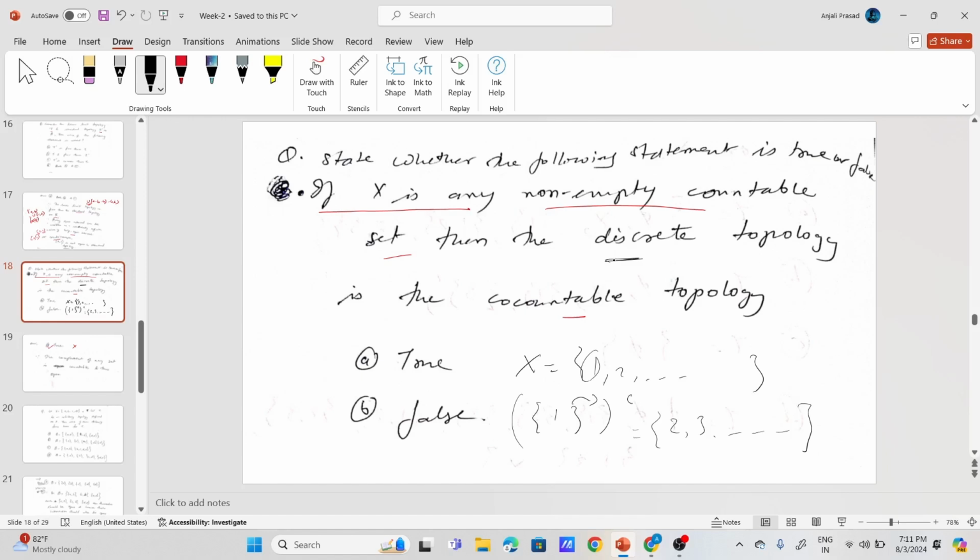And here, if you take X as R, then the rational numbers will also be there, not only the natural numbers. So now, is this set countable?